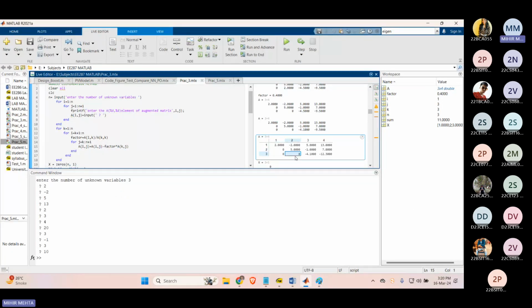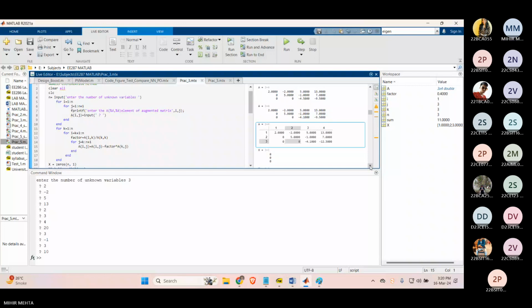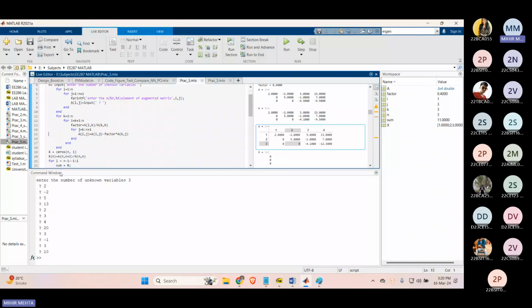Now if I want the value of x1, x2 and x3, I need to make a variable x which is a matrix of n comma 1, where n is the number of unknowns, that is 3 rows and 1 column. So that is how you'll get a column matrix x. Initially I have made this entire matrix zeros.